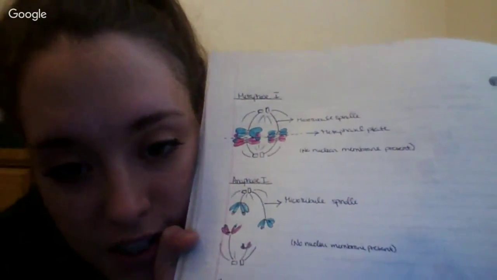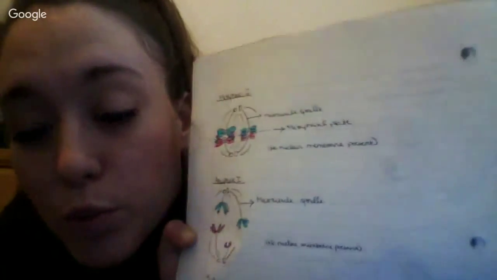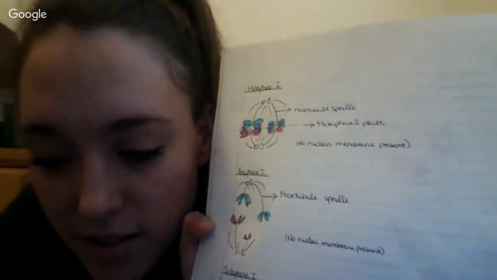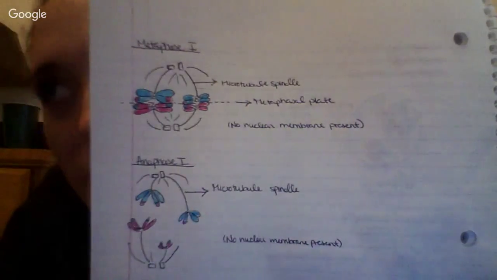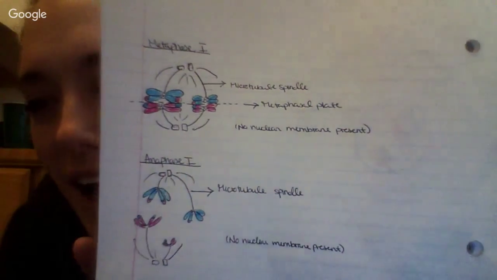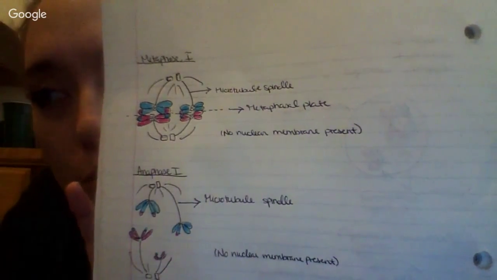So whatever crossing over occurred, they assemble randomly. So when they're pulled apart, it can be in different ways depending on how the pairs aligned on the metaphase plate. So in anaphase, they're pulled apart.